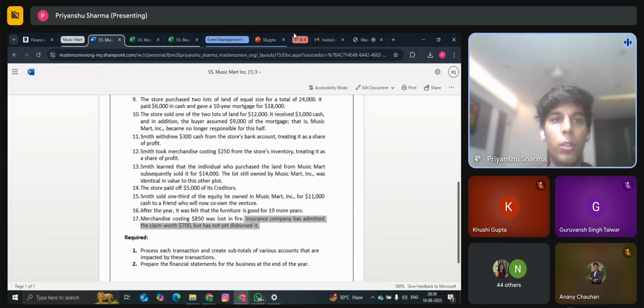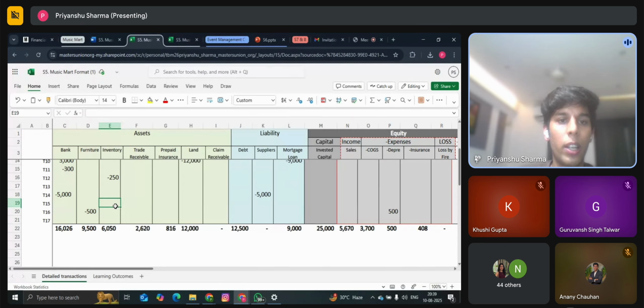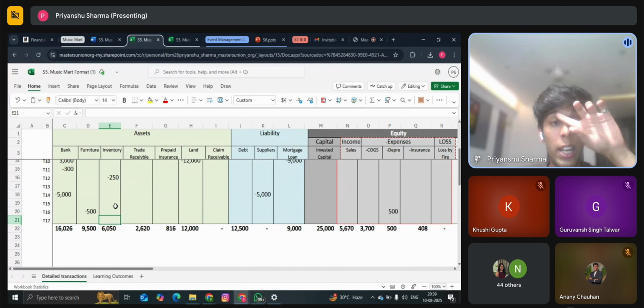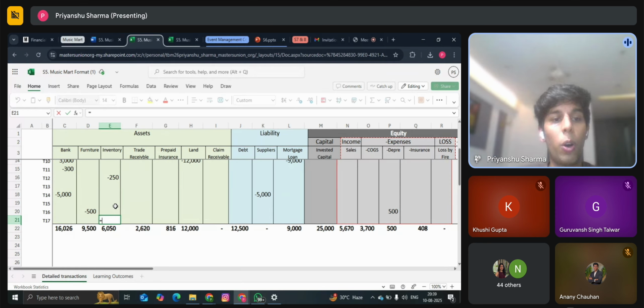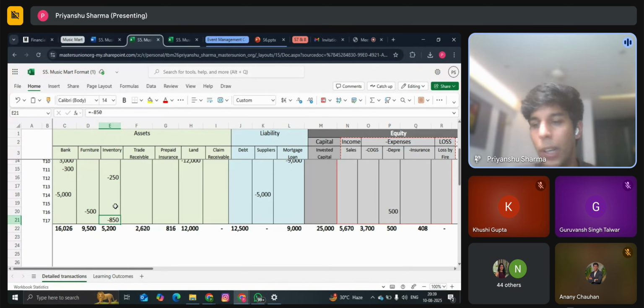Cool. So here, since we have inventory worth $850 that has been lost in the fire, we'll obviously deduct 850 from our inventory side because that much worth of inventory is lost from us, and the insurance company is gonna give us a claim worth 700.